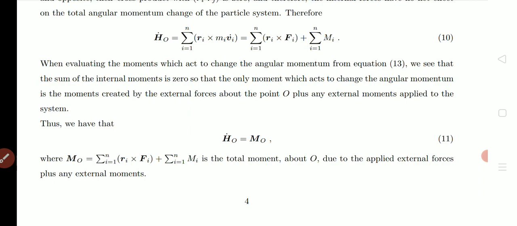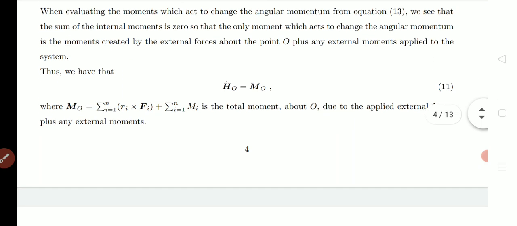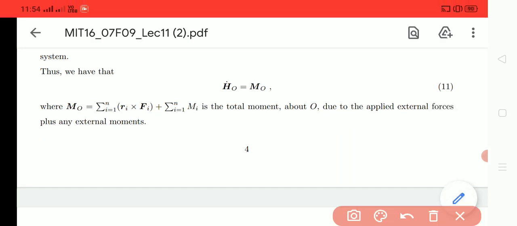Thus we have H_O dot is equal to M_O, where M_O is equal to summation i equals 1 to n of r_i cross F_i plus summation i equals 1 to n of M_i, the total moment about O due to the applied external forces plus any external moment.